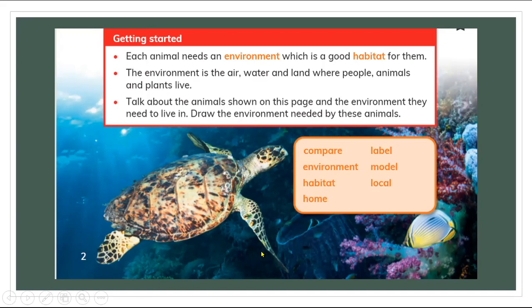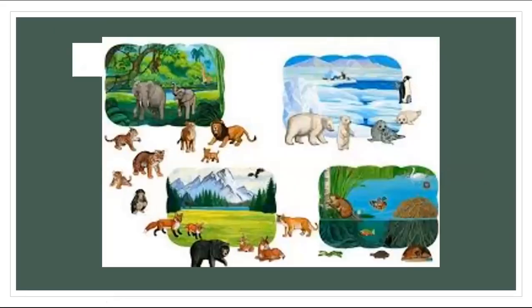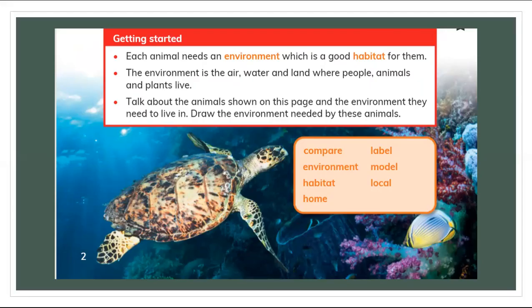Okay, so look at this turtle. This turtle has a good environment. The turtle lives under the water. Okay, so this turtle has everything. It can move, it can stay. It can survive under the water. Okay, let's move on to page number 3.